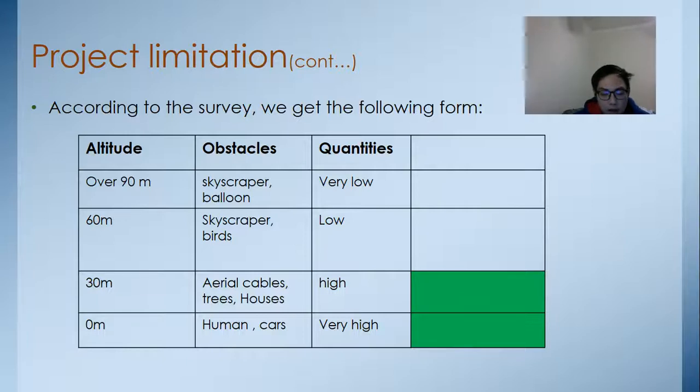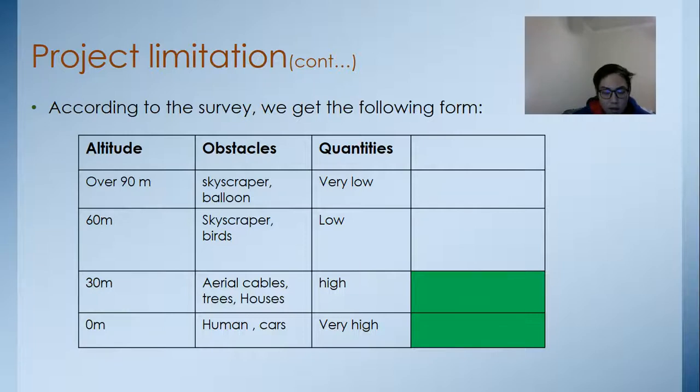So at this level, there are lots of obstacles, for example aerial cables, trees, and houses. Especially at this level, the trees, houses, and aerial cables are very dangerous for our quadcopter, which means these things can destroy our project.